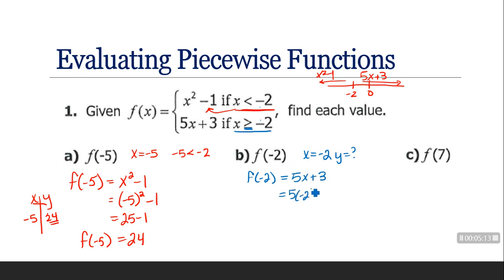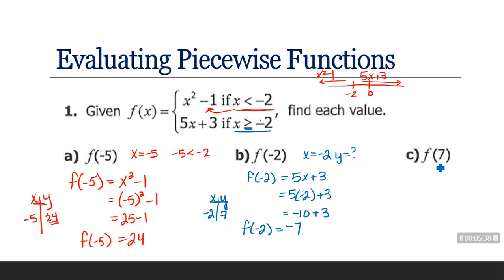I substitute a negative 2 for the x, multiply by 5 to give us negative 10, and then add 3. So f of negative 2 equals negative 7. Again, in a table for that function, if I look down the table I should see the y value equaling negative 7.